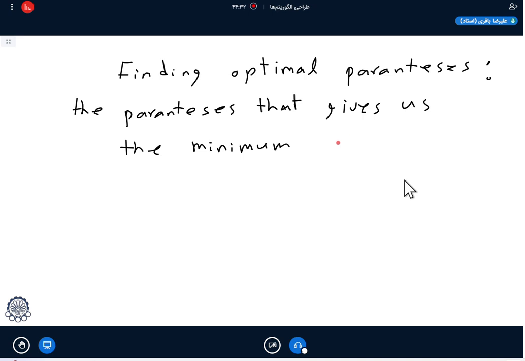By optimal parentheses, we mean the parentheses that give us the minimum number of multiplication.